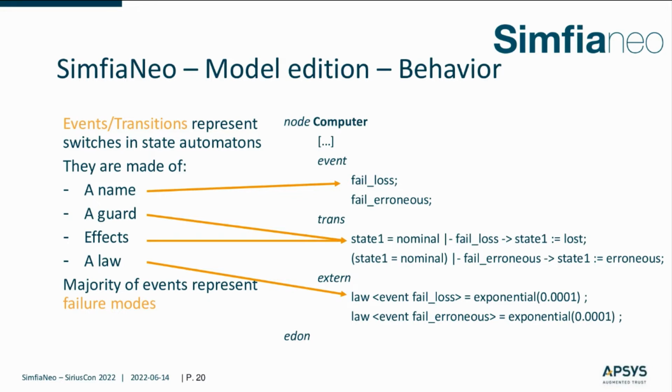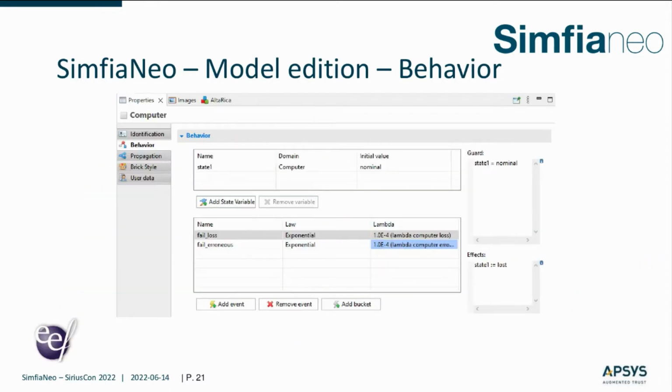Again, the aim is to ease building for users. So here we use the properties view with dedicated tabs for different parts. And here, all these AltaRica keywords and expressions are separated into dedicated fields, dedicated drop-down menus, etc.